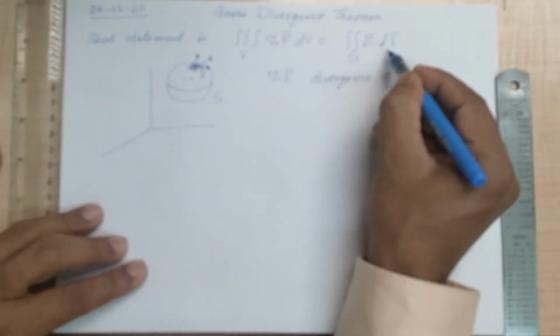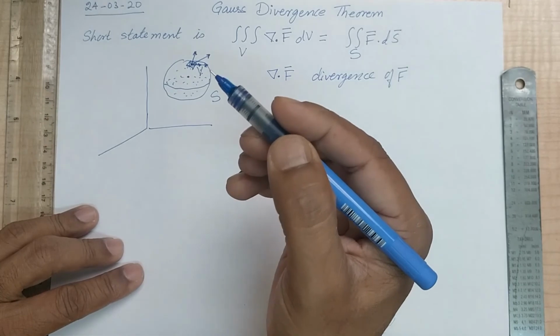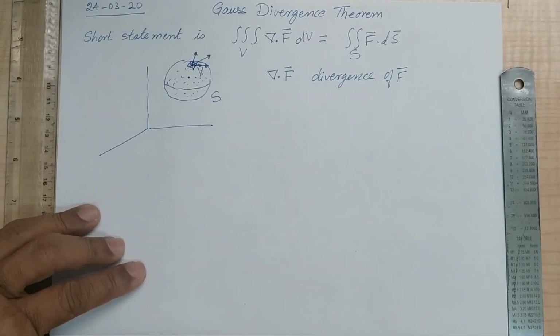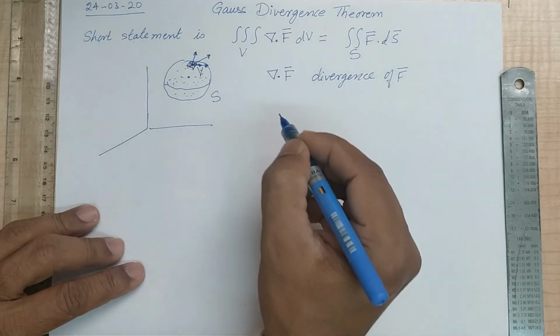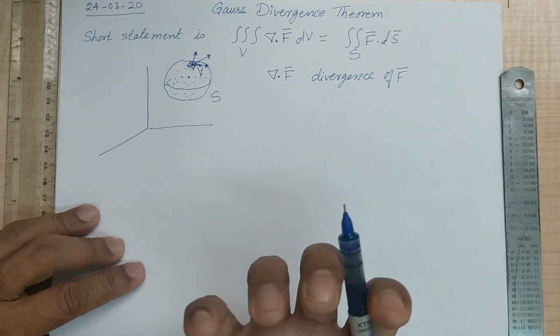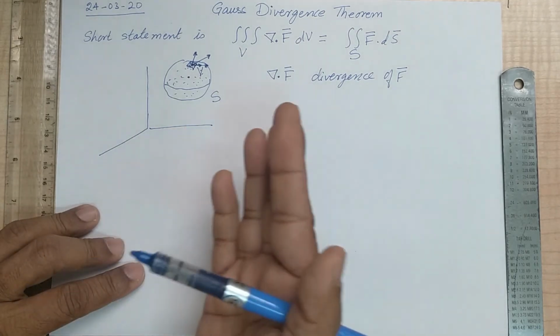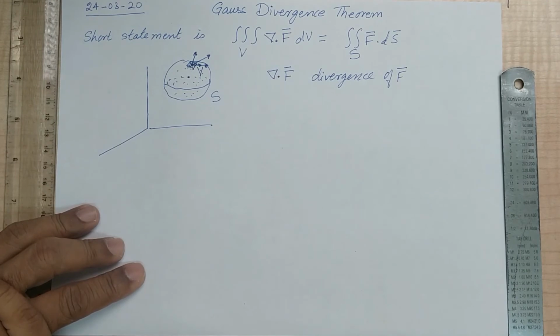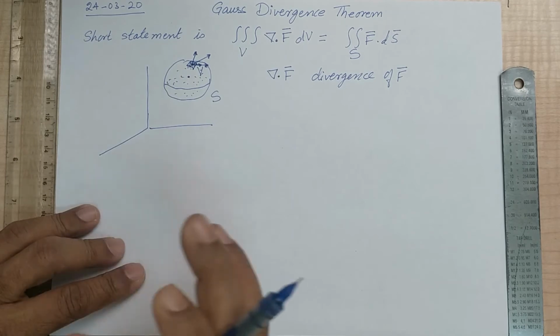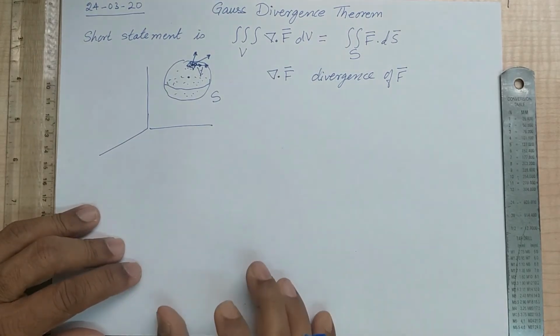And what you're doing on the right hand side is adding up all such flows which are normal to the surface, and therefore the right hand side measures the sum total of the flow through the surface S. And what is the left hand side measuring? It is measuring the mass generated by each point. All right, and obviously these two things must be the same if we believe in the conservation of mass. So this statement is the statement of conservation of mass. So that is what the Gauss divergence theorem is.